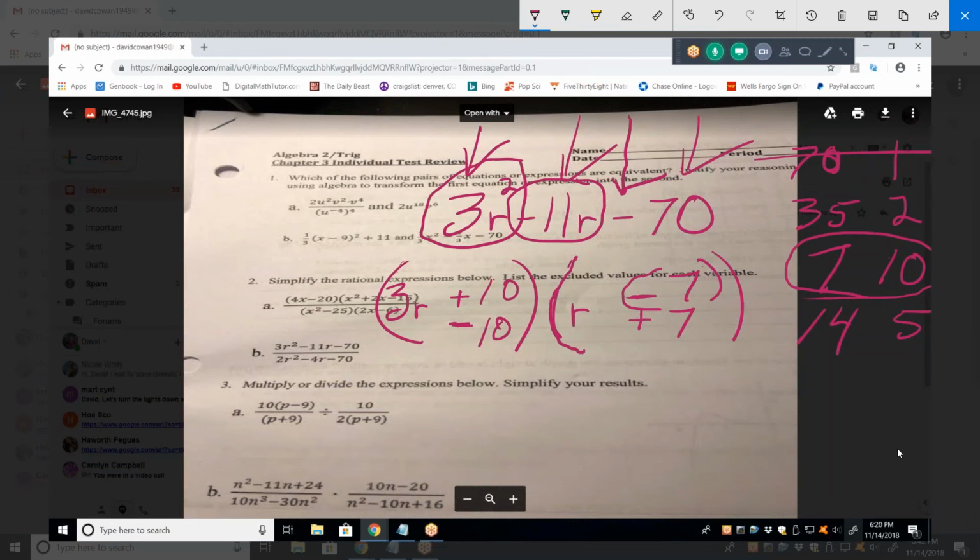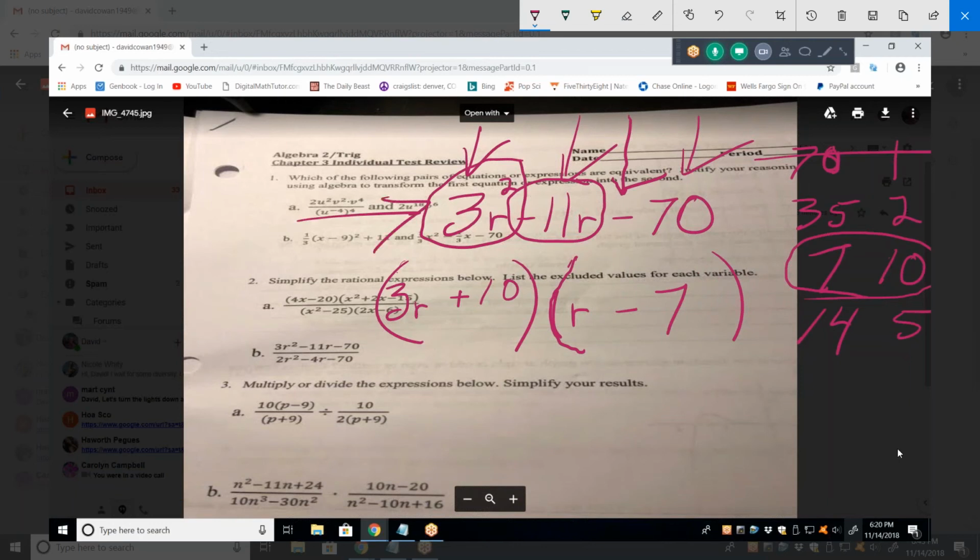First of all, our answer here was the top one. So let me erase some of this other stuff here. That should be minus 7. And if your life depended on it, you would multiply these back together again to make sure you got that right.